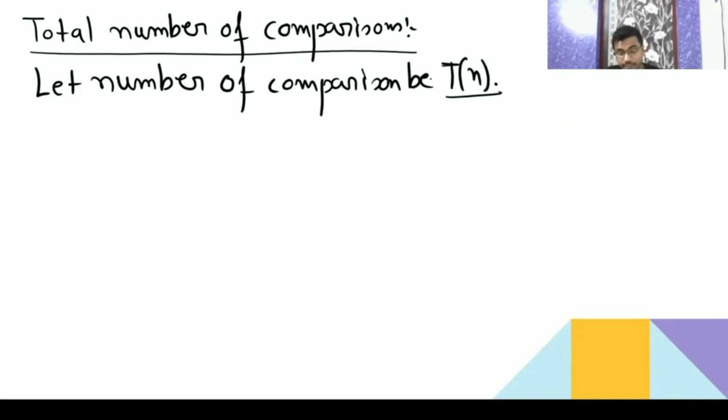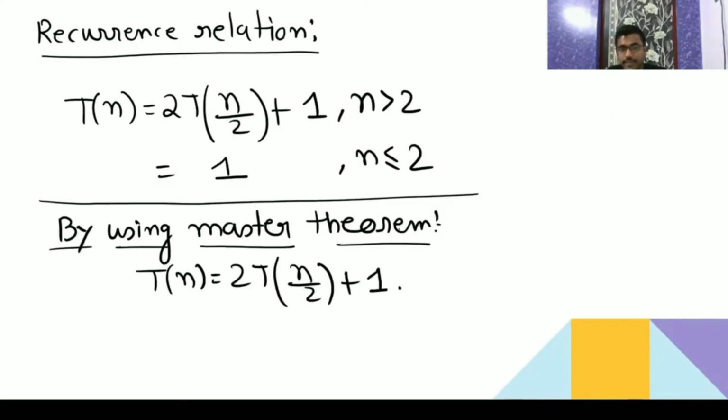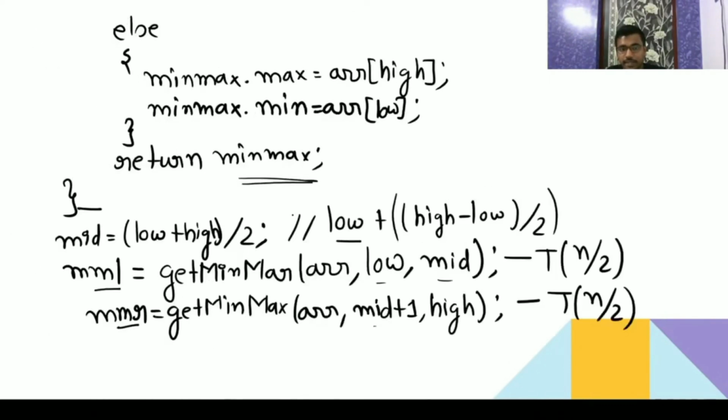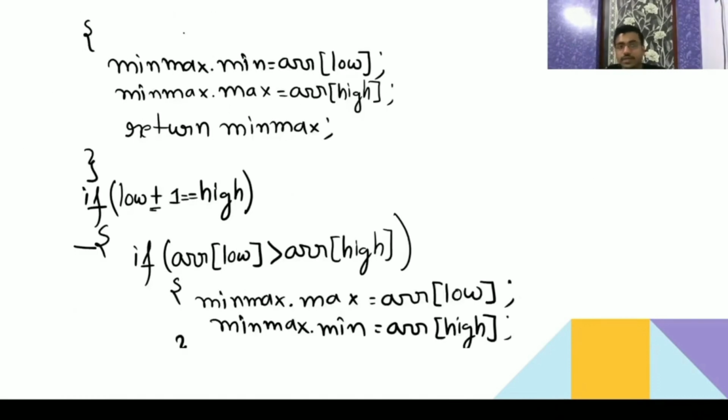Now I'm finding the comparisons. So how many comparisons are required? T of n. Now if n is having only one element, then low is equal to high. So no comparison we are doing. We are just assigning that value to both.